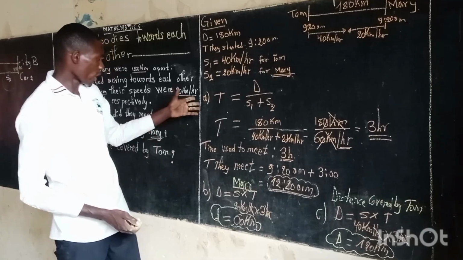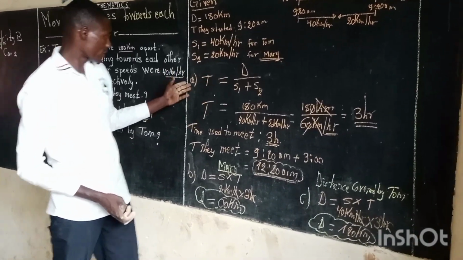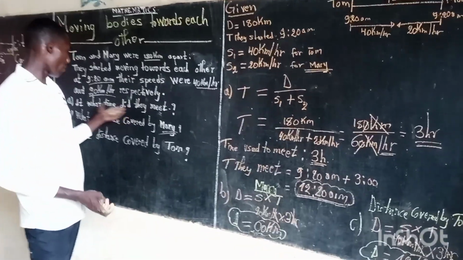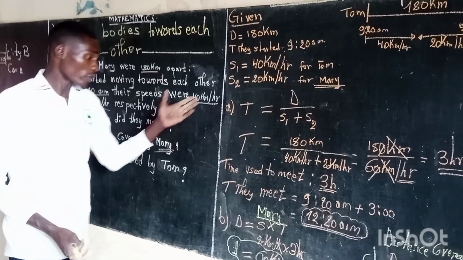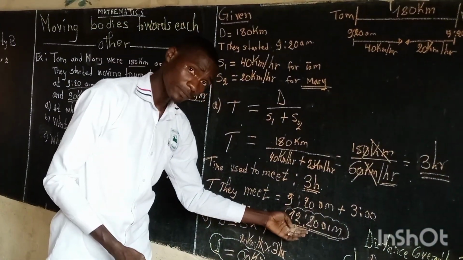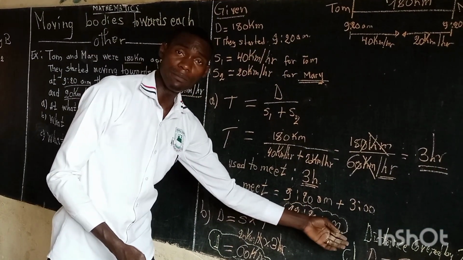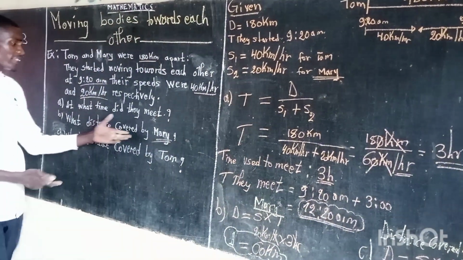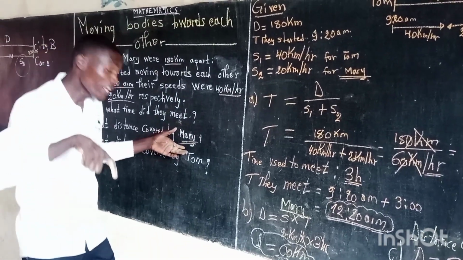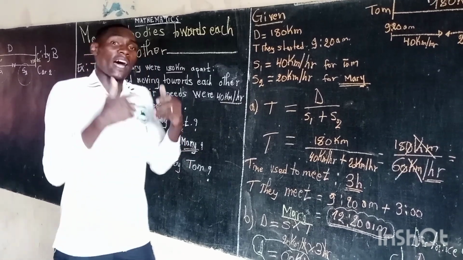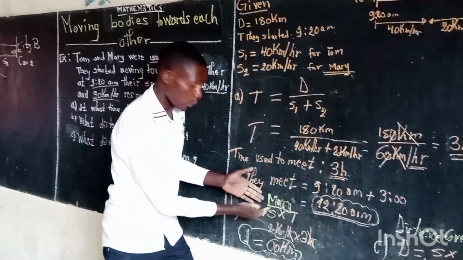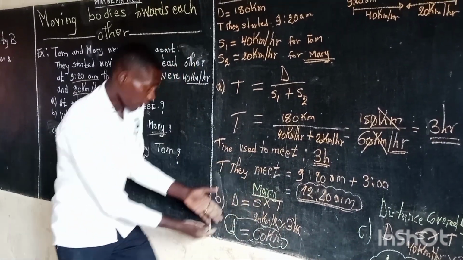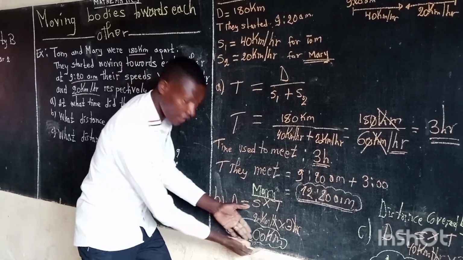Now, the first answer we get is all about the time they meet, which is 12:20 a.m. And also, we have calculated the distance covered by Mary, and we finally found that the distance covered by Mary is 60 kilometers.